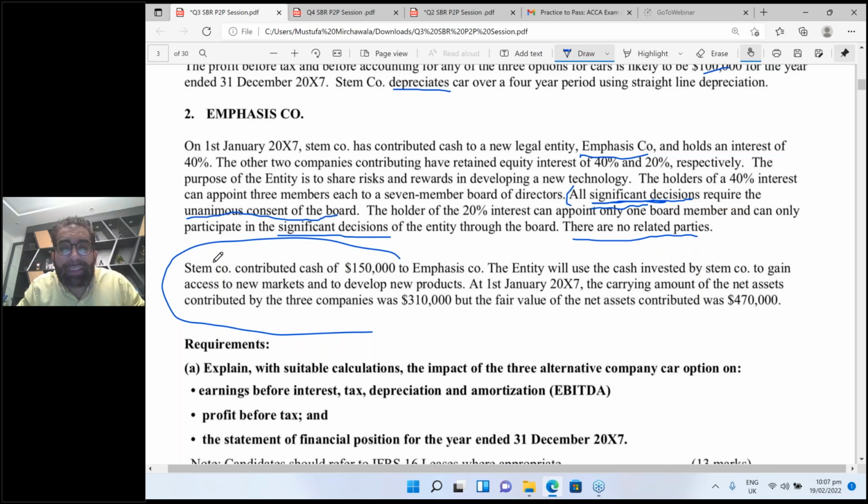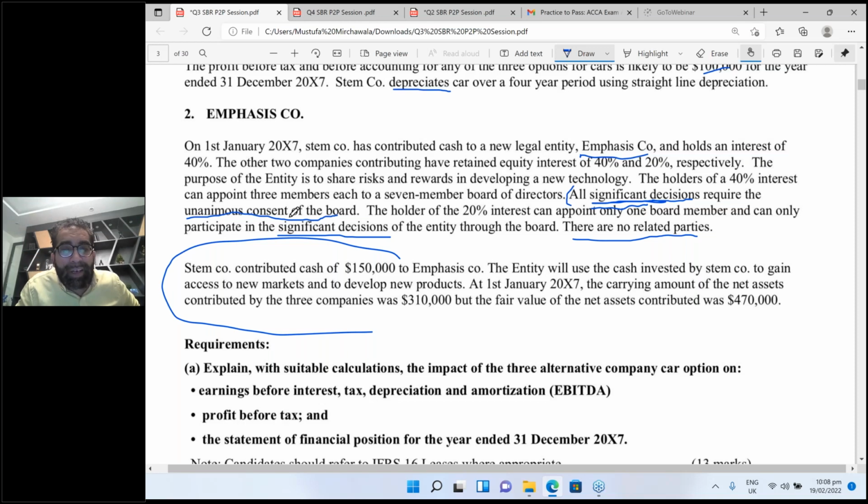All significant decisions require the unanimous consent of the board. Unanimous consent means all 7 members must give a vote, and out of these 7 members, 1 belongs to that 20% guy. So this 20% guy also has joint control, because if he says no, they cannot pass any major decision without his consent.